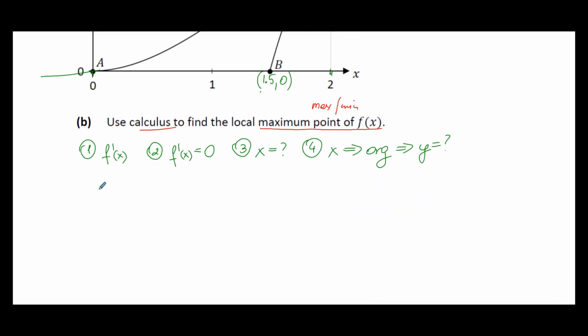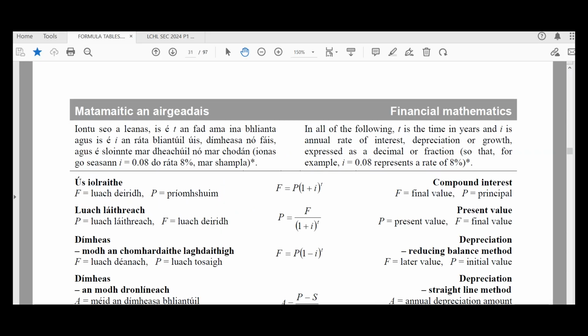So our f(x) function, let's write it. Like I'm saying, it is easier when we put that x to the power of 3 beside 1 over 4. So how do we differentiate it? Each element separately. What's our formula here?